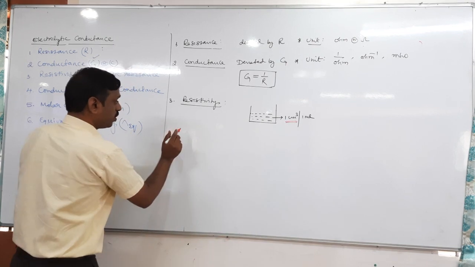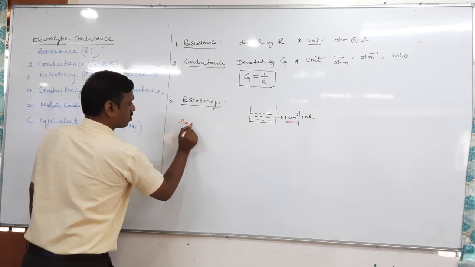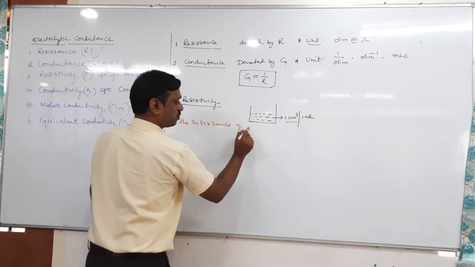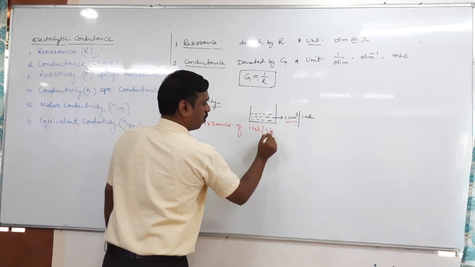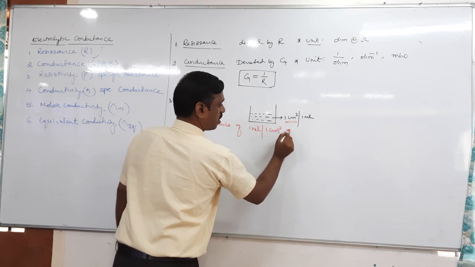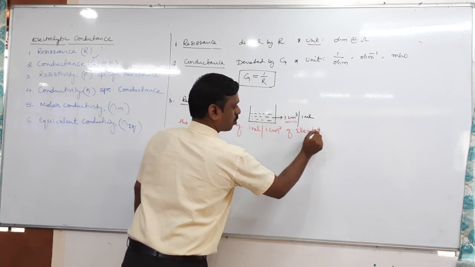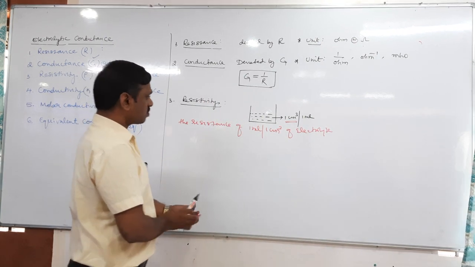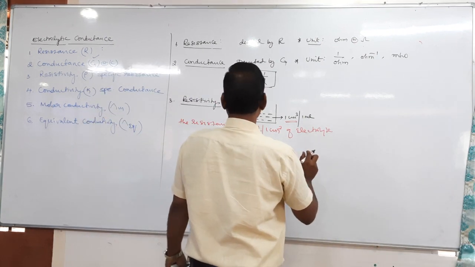Therefore, resistivity is the resistance of 1 ml or 1 cubic centimeter of electrolyte solution. Now, what is the unit of this?